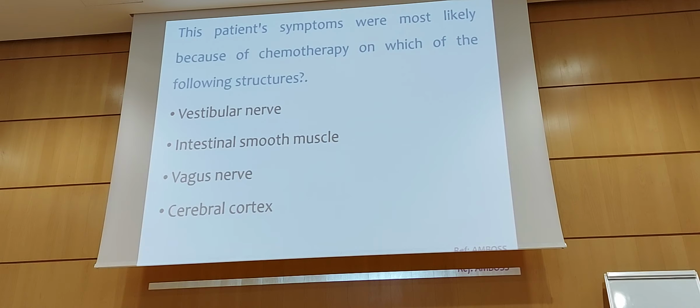So those pathways are coming from the cerebral cortex, higher centers. They are stored in your memory. Okay? And that type of vomiting is treated with sedatives, hypnotics, cannabinoids, and neurokinin receptor antagonists.